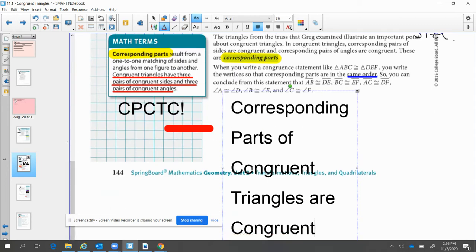What this means, CPCTC, the shortcut, is that we know if the triangles are congruent, their parts that correspond together are also going to be congruent. So that's what the CPCTC stands for. And we're going to use that a lot coming up here. So definitely something you're going to want to write down.